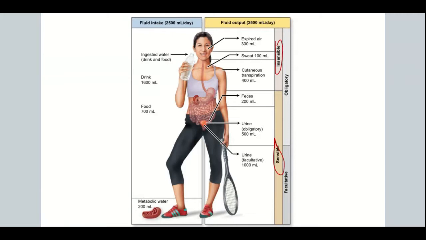So if you just replace water and not the electrolytes, you're going to make the concentration of your blood too low, okay? And that's going to cause basically too much water in your blood compared to the interstitial fluid and the cells, and it will cause water rushing towards the cell really quickly.